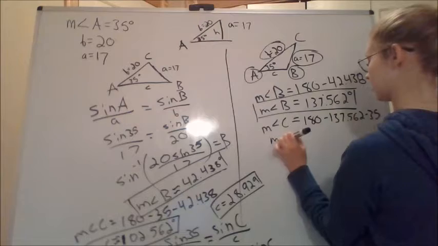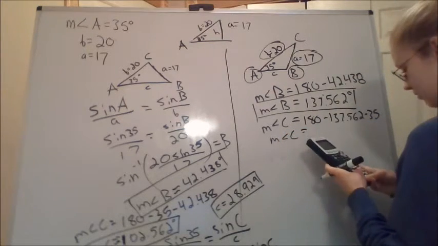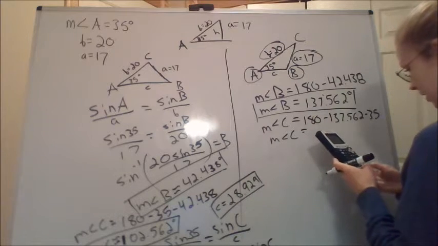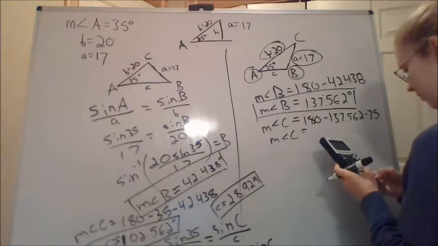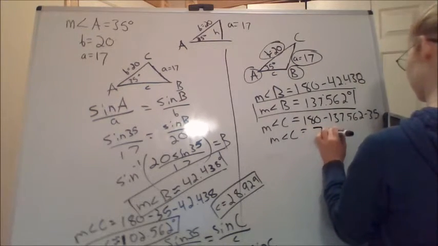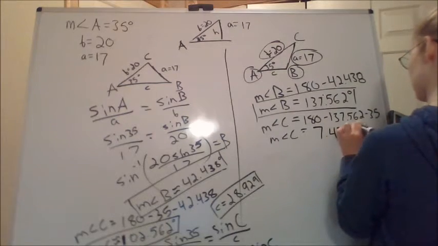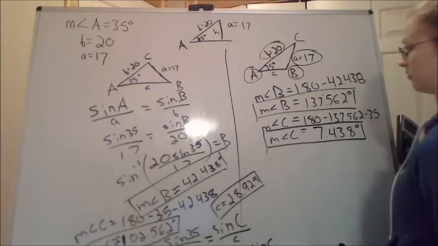That's 180 minus that B value we calculated earlier, minus 35. Oh, very small, 7.438 degrees. So now we have 5 pieces of information.